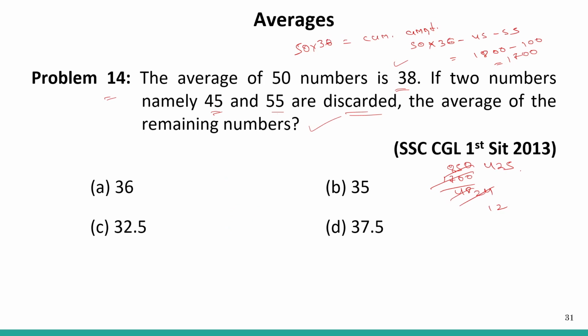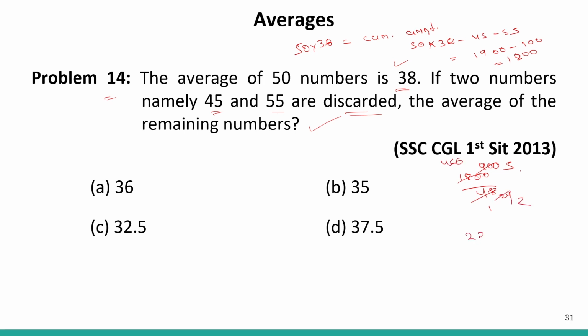So if it is 38, then this will be 1900. So it will be 1900 minus 100, which is 1800, and we will have 1800 by 48.